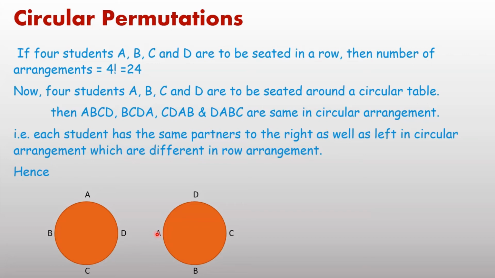If A starts from here, ABCD, again B is between A and C. Third case, if we start from here, ABCD, again B is between A and C. Fourth case, you start from here, ABCD, again B is between A and C. In circular arrangement, these 4 are considered as 1. In this pattern, you can differentiate between row arrangement and circular arrangement.